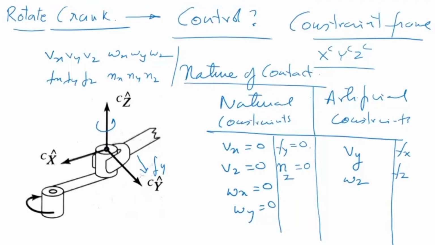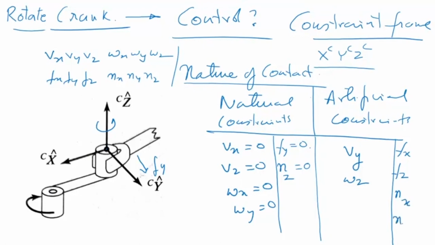What about the moment about the y-axis and the x-axis? Can it apply a moment about the x-axis, which means, can it apply a moment like this? Yes, it can, because the handle is a rigid body, so there is an opposite and equal reaction. So nx is coming here.